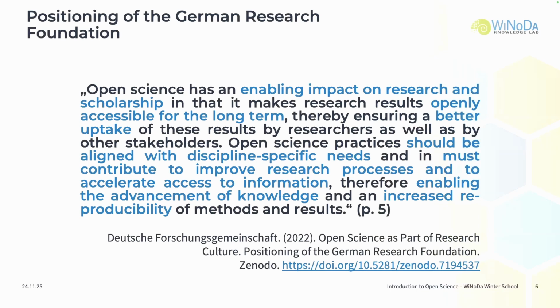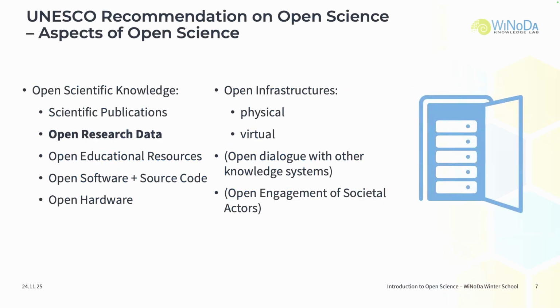Let's briefly come back to the UNESCO recommendation, because it also defines four central aspects of open science, which I think give quite a good orientation of what it may contain. The first one is open scientific knowledge, probably what we would think about first when we hear open science. So open scientific publications, open research data, open educational resources, open software and source code, and open hardware.